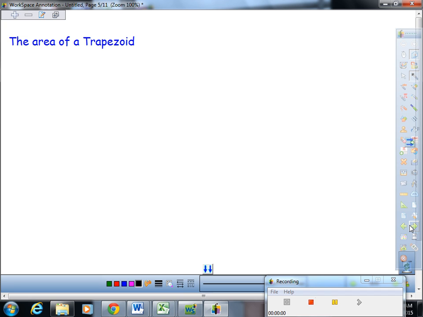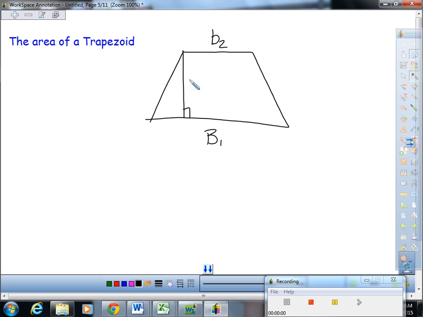Area of a trapezoid. Okay, so you've seen so far that all of these have involved base and height in some way, and this will too. Okay, here's the deal.